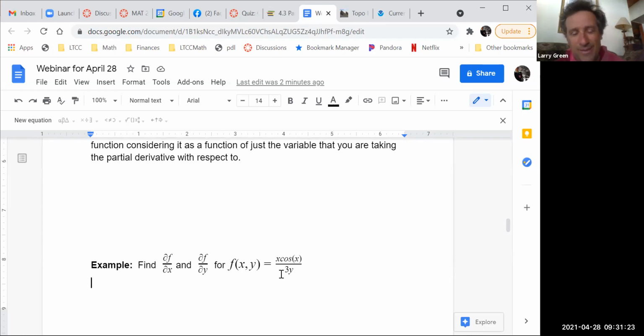If you knew what to do, you could do y in about 5 minutes, but x would probably take hours. This would be absolutely evil if I said find the partial derivative with respect to x using a limit definition. On the other hand, if we do it the easy way, this is not bad at all.